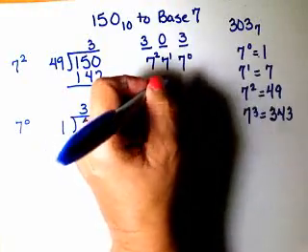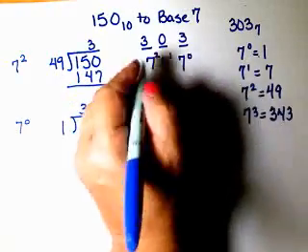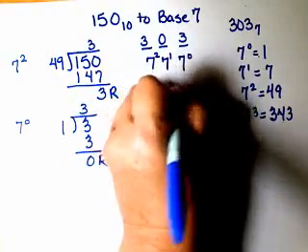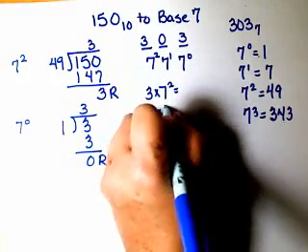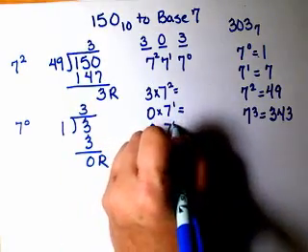Let's double check it and convert back to base 10. I have 3 times 7 to the second, 0 times 7 to the first, and 3 times 7 to the 0.